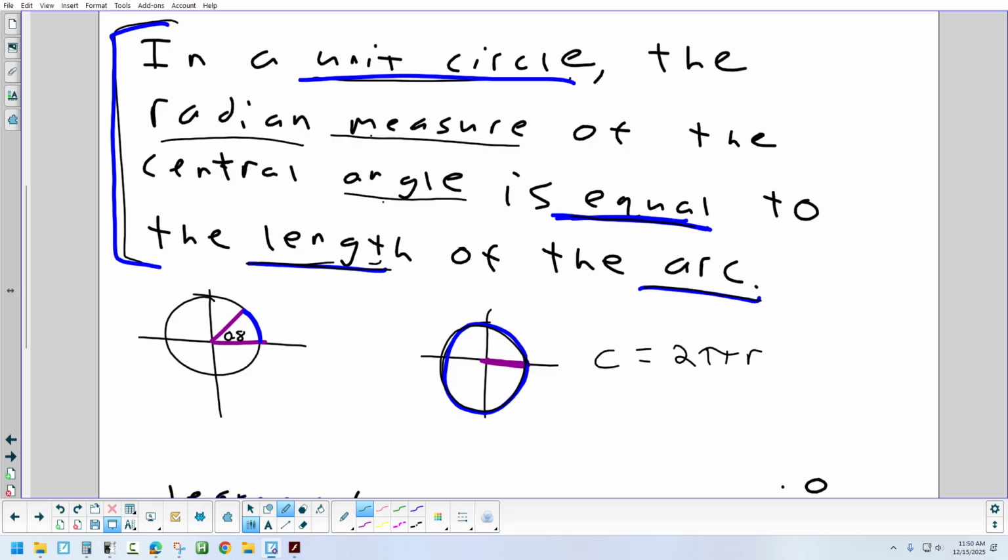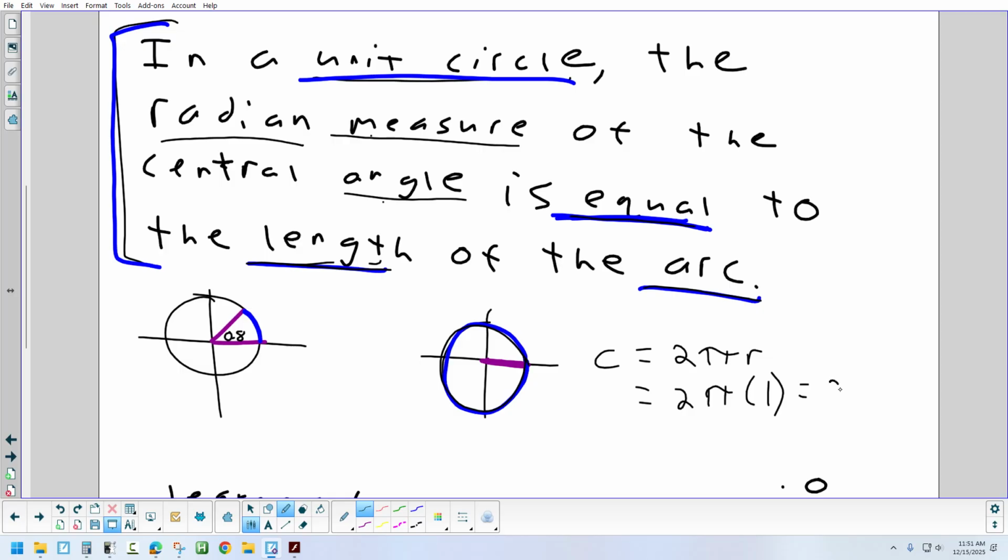So in this circle, what's the radius of it? It's a unit circle, so it would be 1. So the circumference of this circle is 2 pi times 1, which is how much?